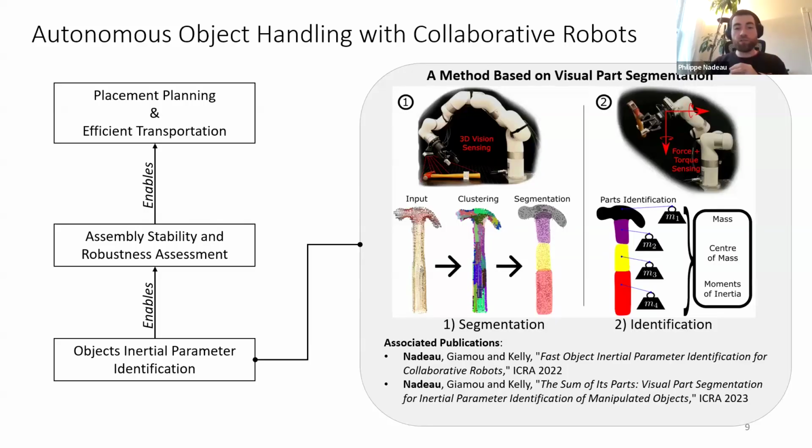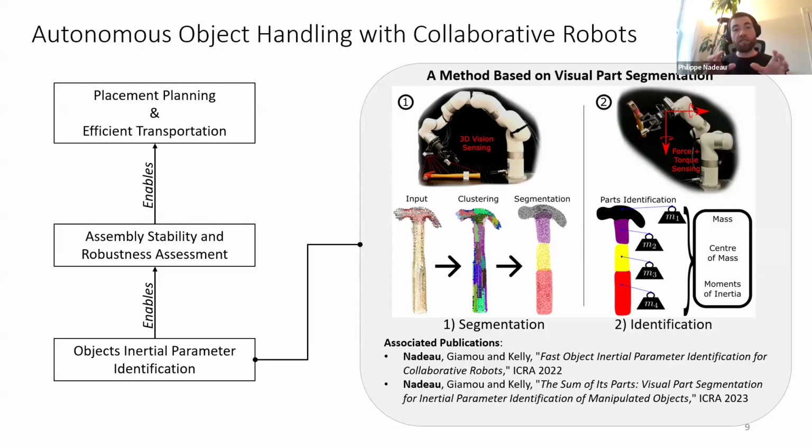The second contribution stems from the observation that artificial objects, especially industrial tools, are typically built from a few parts of homogeneous density. So in this work, we perform a visual part segmentation of an object to divide it into a few parts.